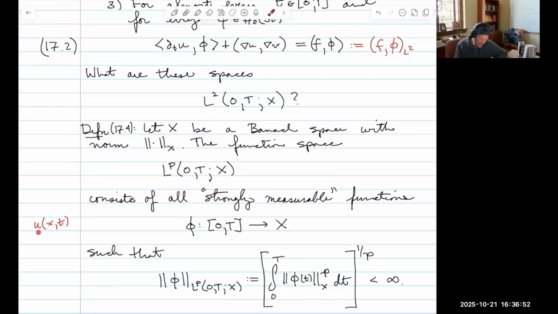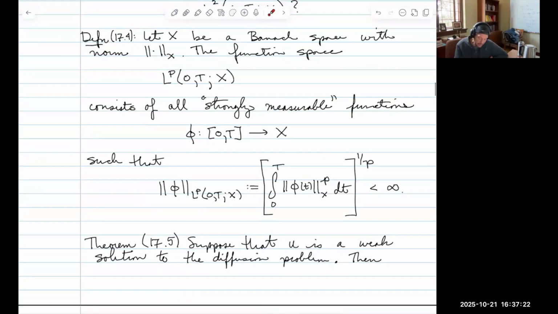And that's exactly what happens here. If you look up above, every time I pulled something out of t, I would get an L2 function in space only. Here, more generally, I'm going to think about mapping from 0 to T into some space of spatial functions. So this really depends on my spatial domain omega.